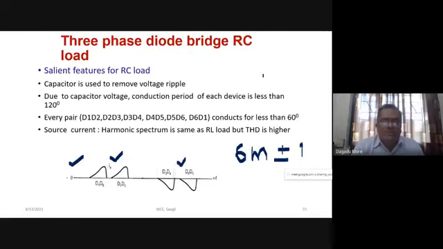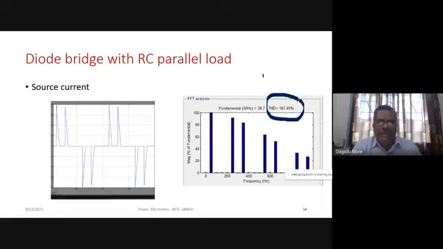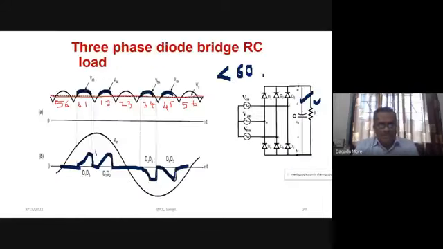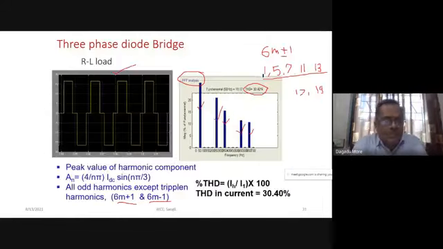What is our conclusion? Anybody? What is our conclusion for the diode bridge? In plain terms, we can say that the source current of a diode bridge is non-sinusoidal. It takes a quasi-square wave current, and the THD of this quasi-square wave current is around 30.4% or 31% when it is working with R and RL load.